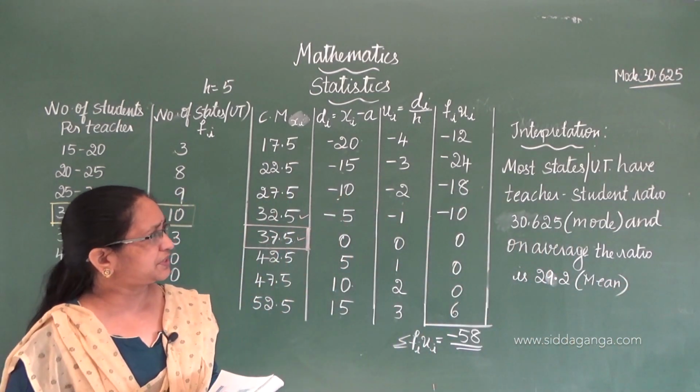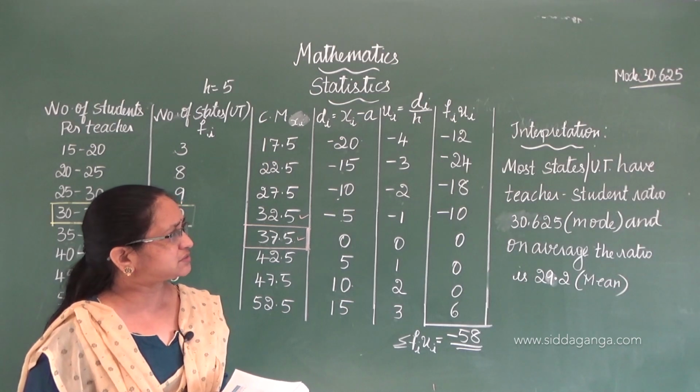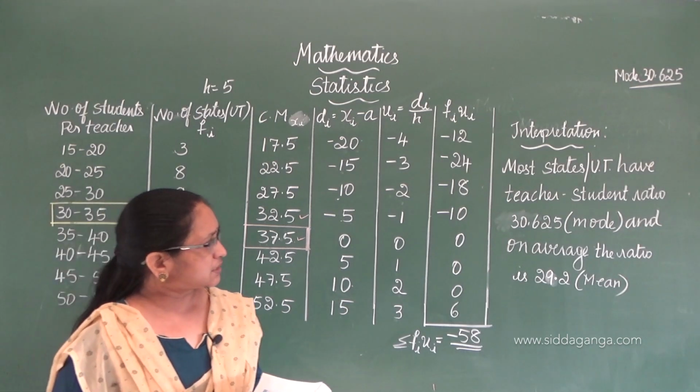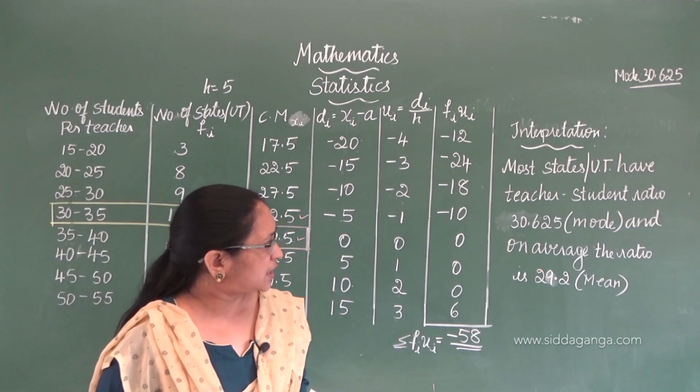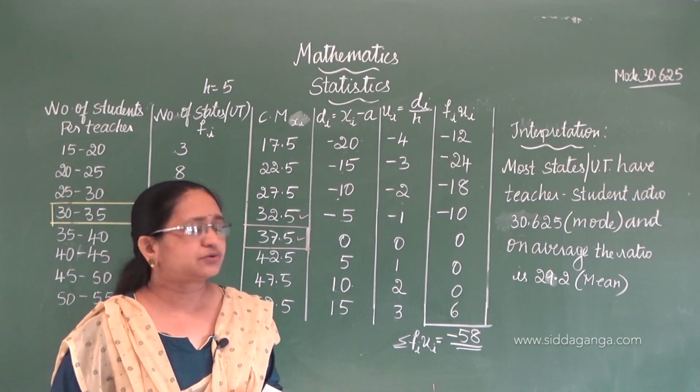Okay, most states or union territories have a teacher-student ratio of 30.625 and on an average the ratio is 29.2.